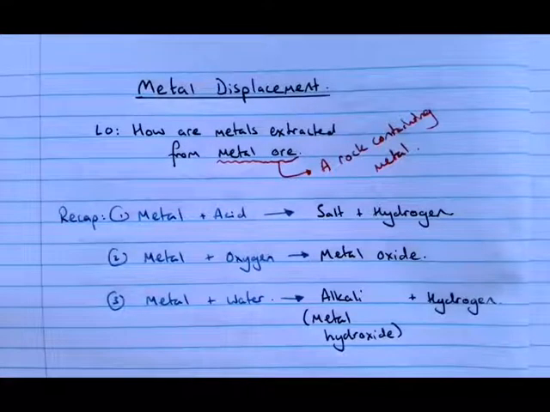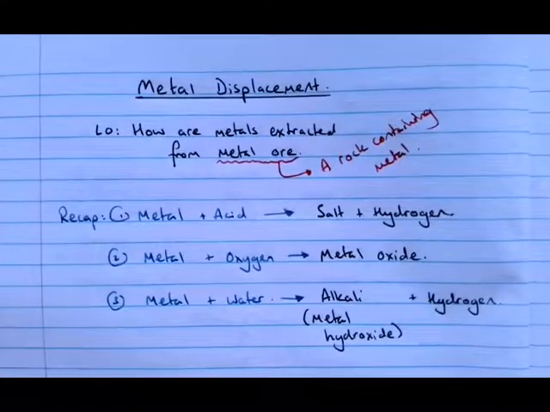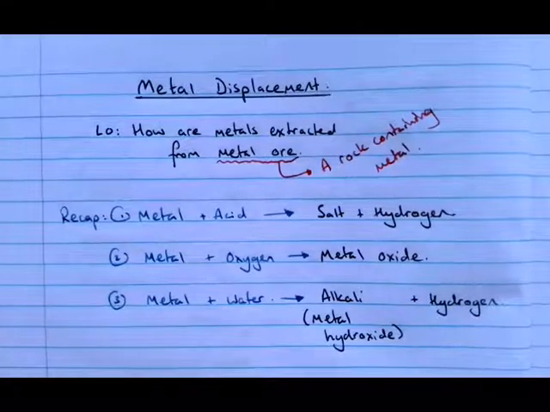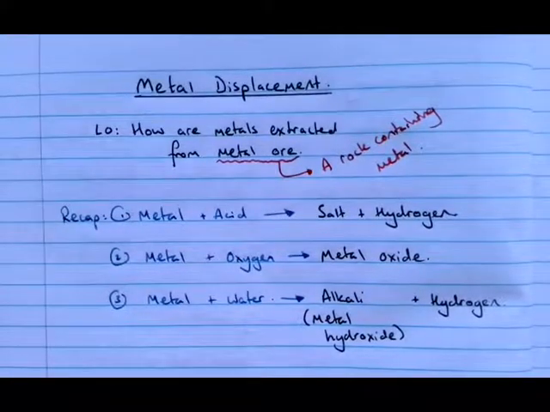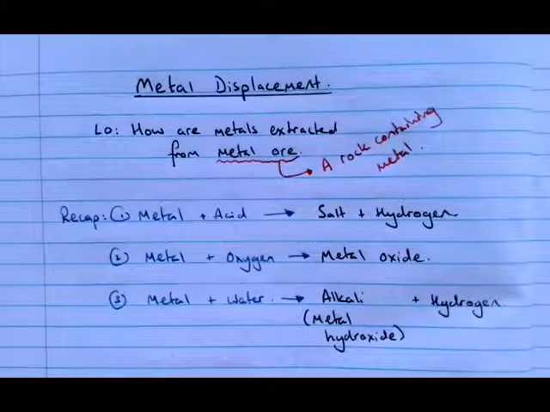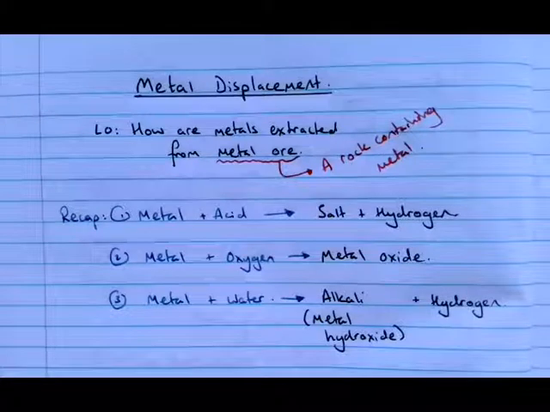Now, things like iron and copper, all of these metals that we use in daily life, we can't just dig them out of the ground as pure metals, right? It'd be great if we could, but we can't. So generally, they will be underneath the ground in a rock that contains that metal, and we need to be able to extract it from the rock.